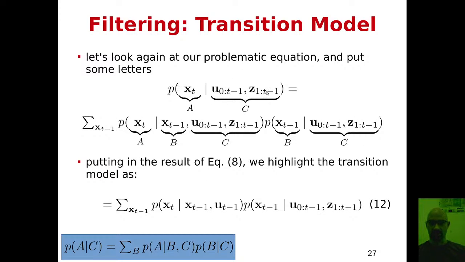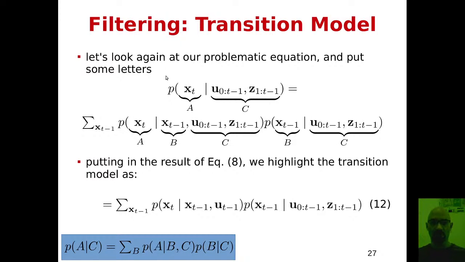Having done this identification, well, then there is this magic term B that we have the faculty to insert. And in this case, which term B will we insert? We will insert x t minus 1 because we know that by inserting x t minus 1, we end up having that this part of the equation is equivalent to the transition model that we already have.